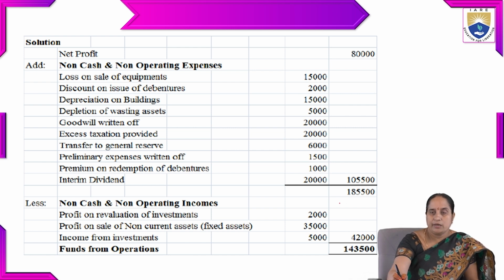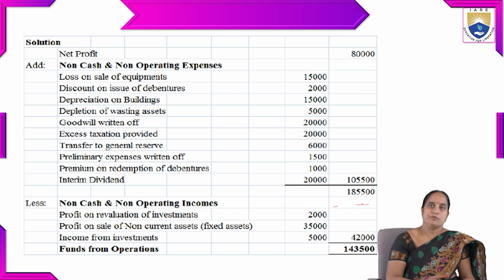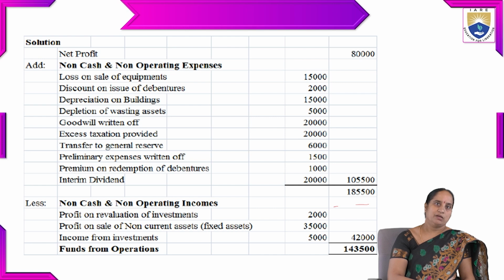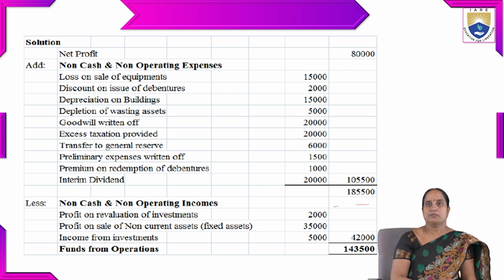Then we have 1,85,500. From that we have to subtract non-cash and non-operating incomes. So that is profit on revaluation of investments, profit on sale of non-current assets, which means fixed assets. Next, income from investments that we should specify, and then funds from operations.